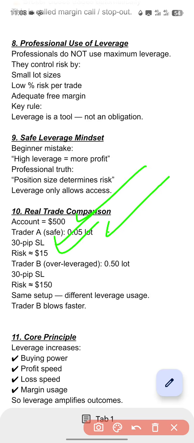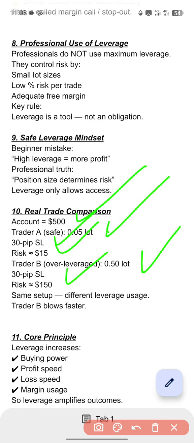Now, Trader B, over leverage, uses 0.5 lot. The same 30 pip SL is losing $150. Same setup, but different leverage usage. Trader B blows faster, because with just 3 or 4 losses in a row, the account is gone.